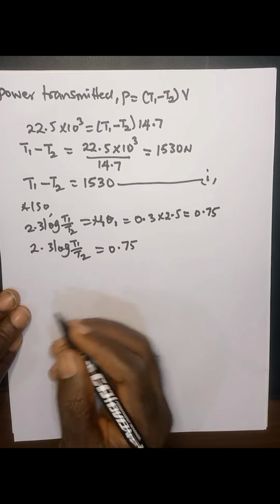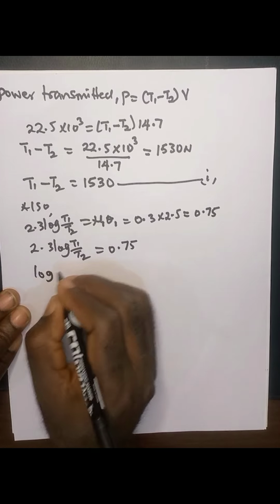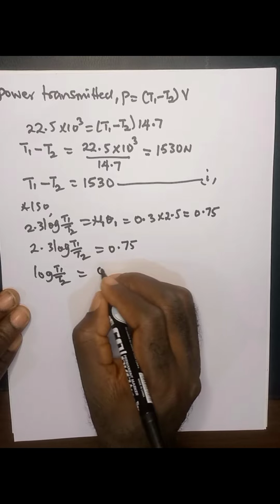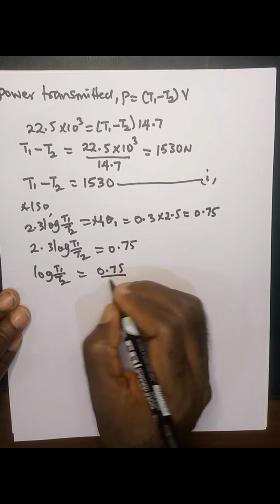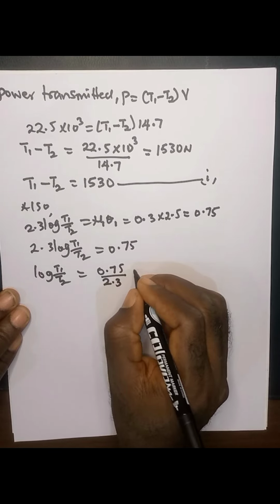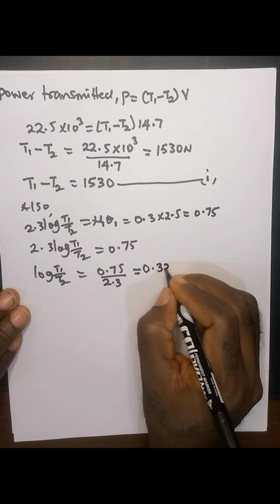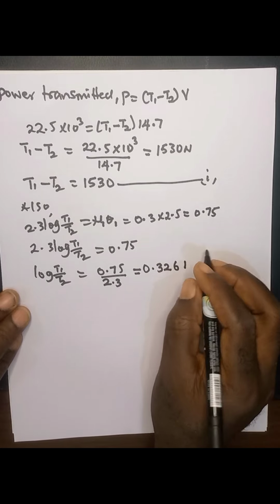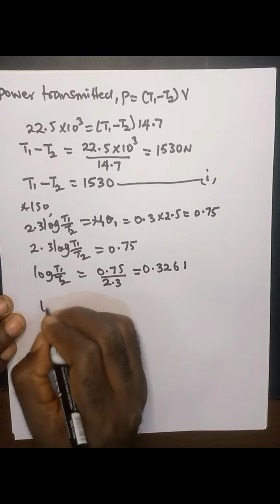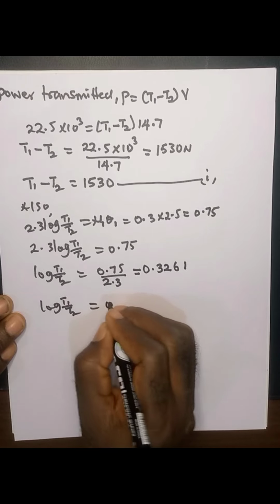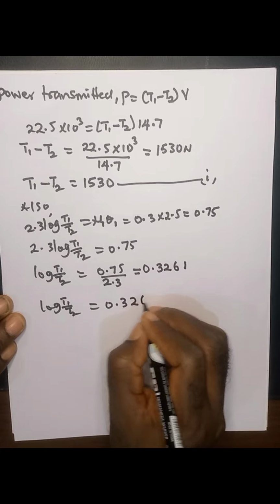We divide both sides by 2.3. We have log T1 over T2 is equal to 0.75 divided by 2.3, and this gives 0.3261. Then from here we have log T1 over T2 is equal to 0.3261.